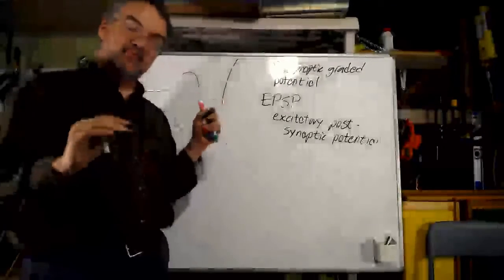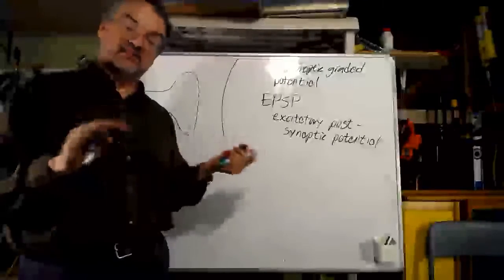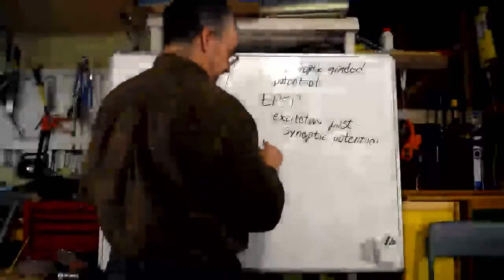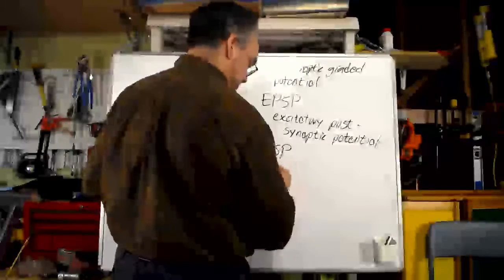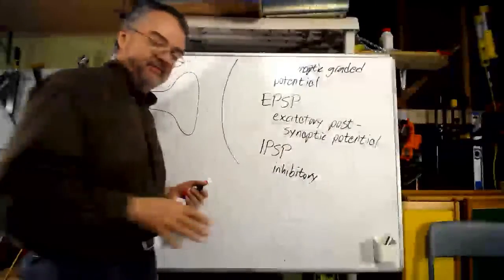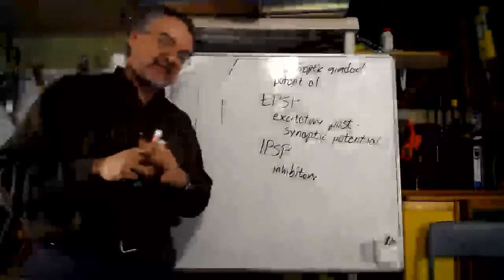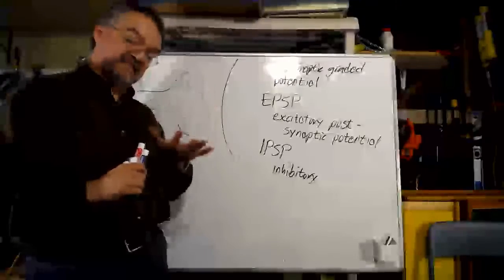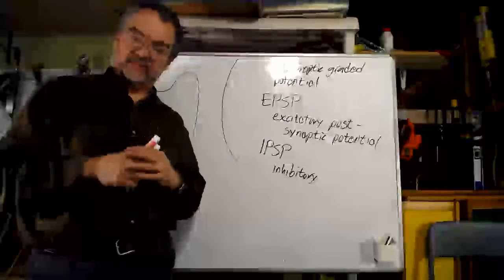It brings the membrane up closer to where it would need to be to cause an action potential if it got to the hillock. Compare that to an IPSP, which stands for inhibitory postsynaptic potential. An IPSP is a hyperpolarizing graded potential, which, if that gets to the hillock, makes it harder to bring it up to threshold.